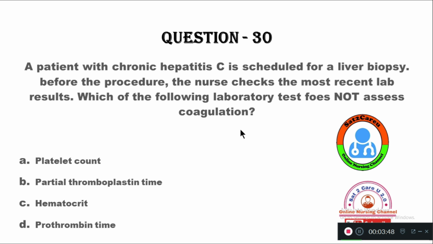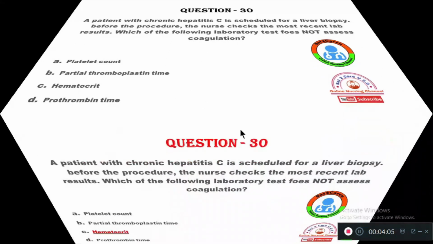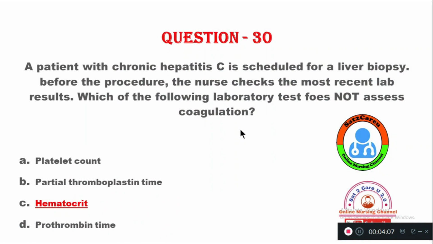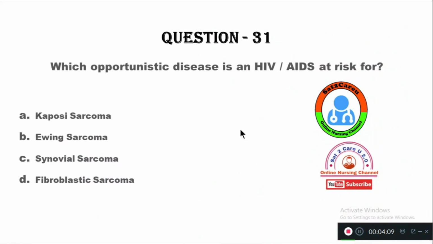B, partial thromboplastin time. Option C, hematocrit. Option D, prothrombin time. So the lab parameter which does not assess the coagulation factor or coagulation time or anything related to blood coagulation is option C, hematocrit.